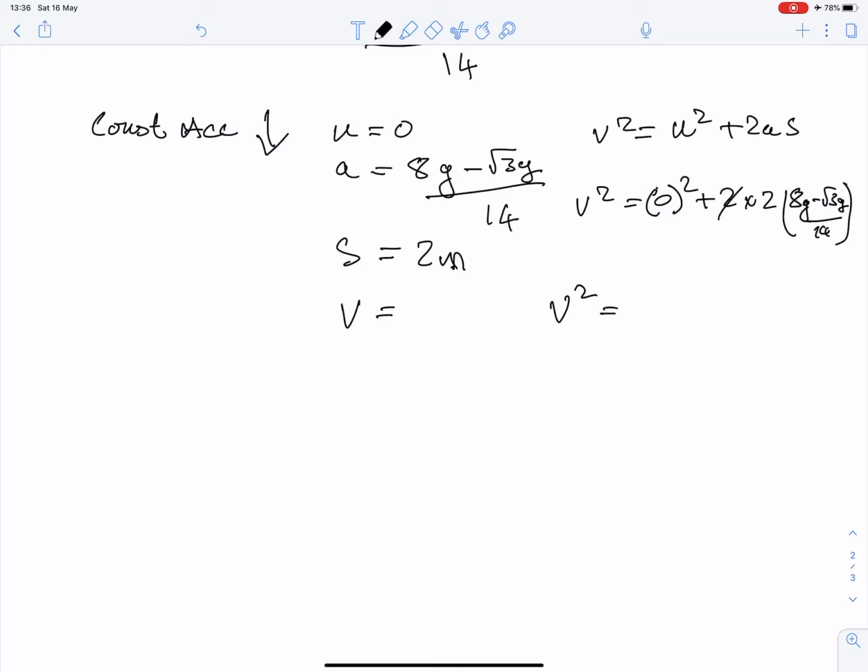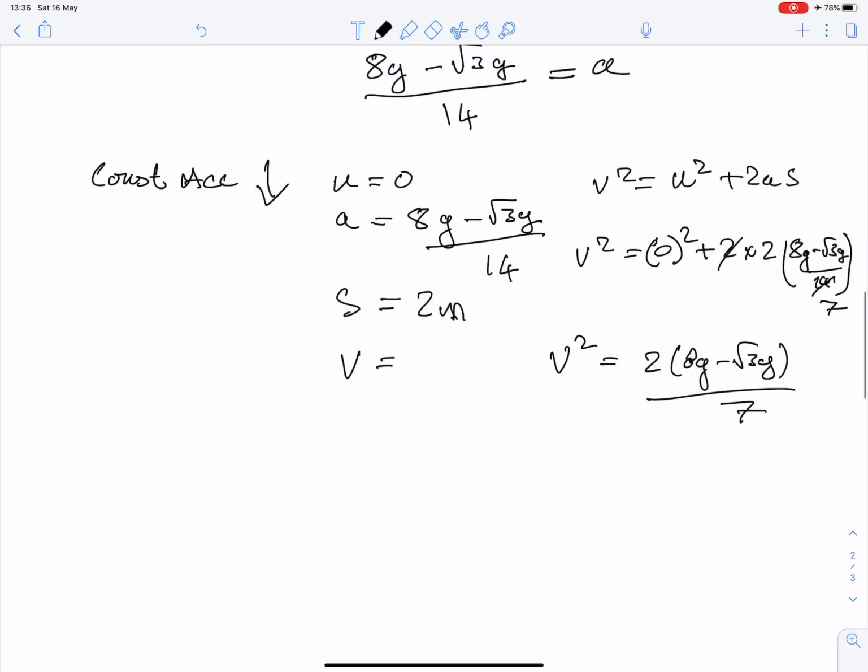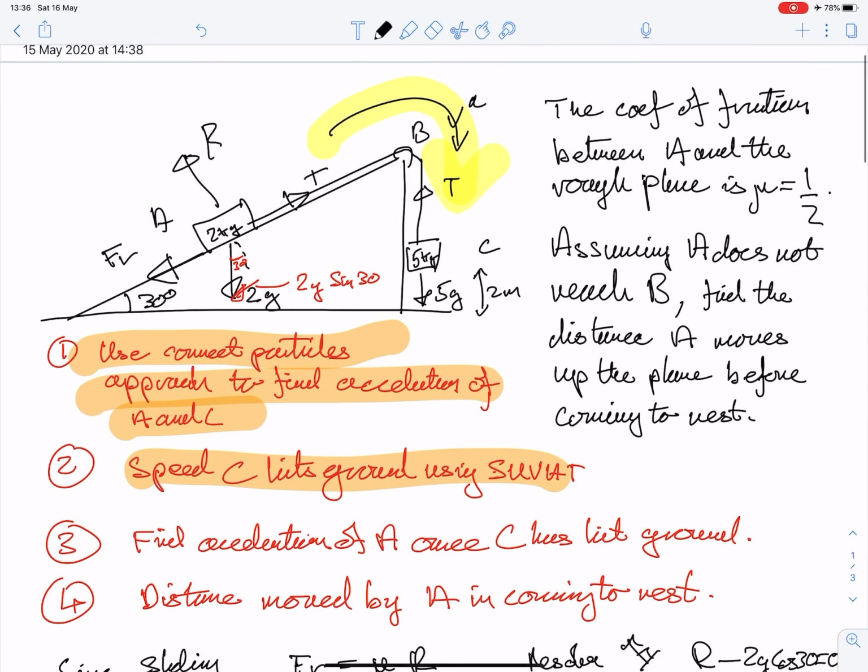So constant acceleration: u equals 0, a equals (8g minus root 3 g) over 14, s is the distance of 2 meters, and v is what we're trying to find. So we're going to use v squared equals u squared plus 2as.